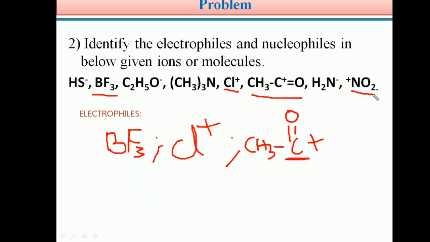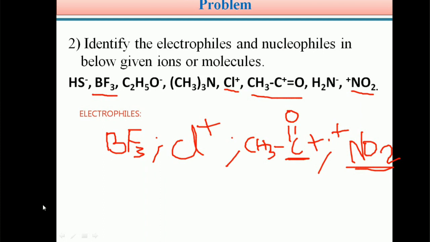Similarly, students, NO2 plus, the nitronium ion, has a positive charge, hence it acts as an electron deficient species. Therefore, it behaves as an electrophile. BF3, Cl plus, CH3CO plus, NO2 plus: in the given list of molecules or ions, these act as electrophiles.